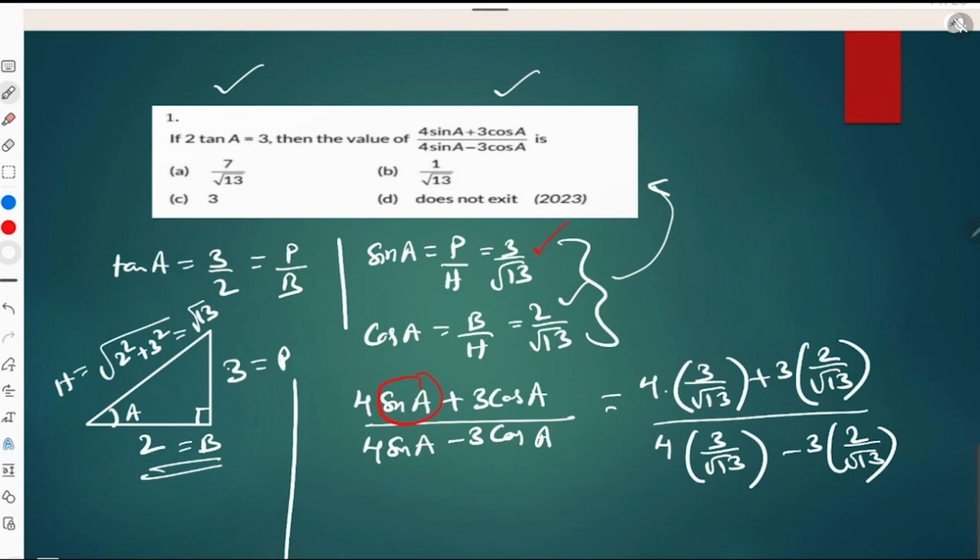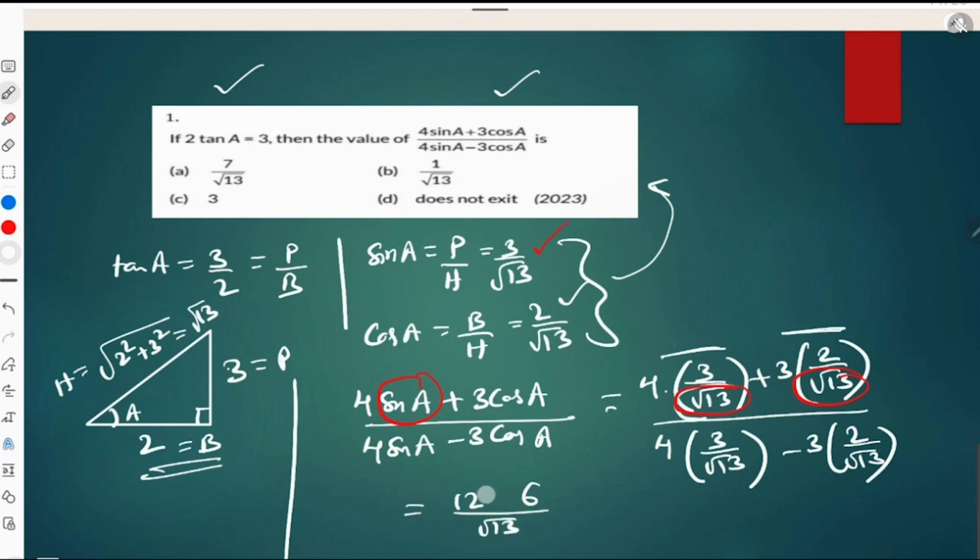You observe that the denominators are same, so we can add the numerators. If you add the numerators, 4 into 3, 12, plus 3 into 2, 6, by root 30. Okay.